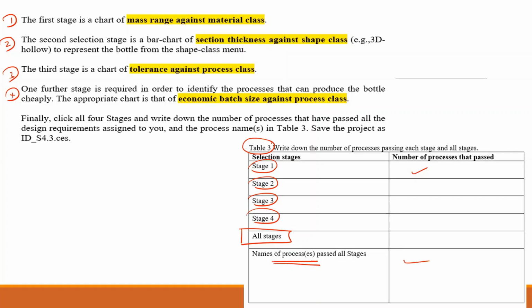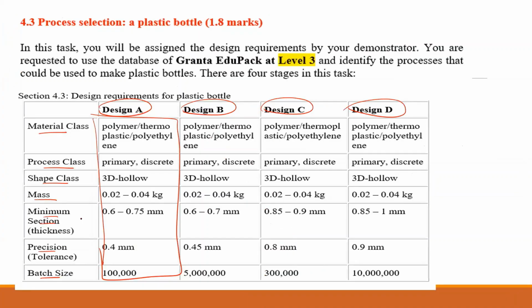So in the first one, we need to find the number of processes which satisfy the mass range and the material class. So our mass range here is 0.02 to 0.4, and the material class is polymer thermoplastic polyurethane. So we'll see how to do this one.